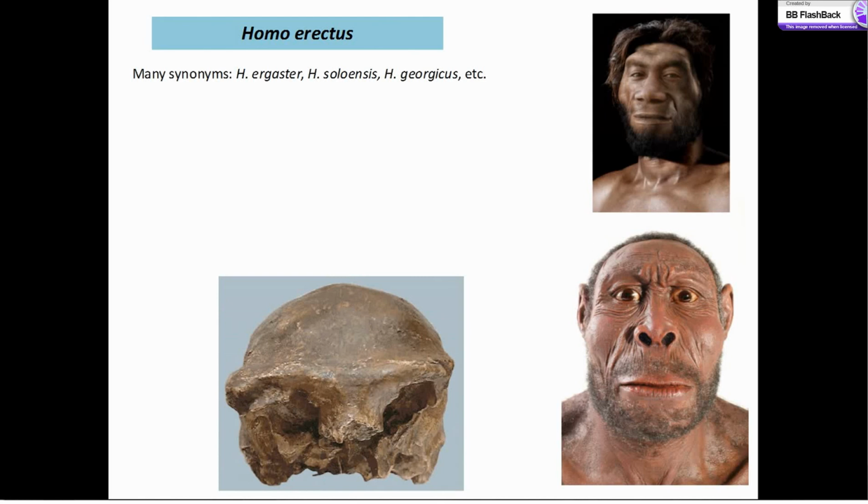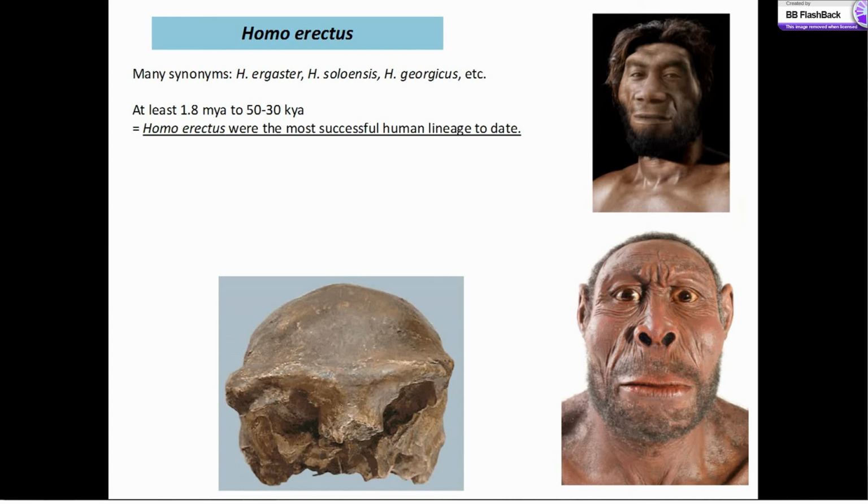So our summary is Homo erectus, many synonyms, could be known as ergaster, soloensis, georgicus, etc. We know they were alive at least between 1.8 million years ago and 50 to 30,000 years ago. And what that means is they were the most successful human lineage to date.